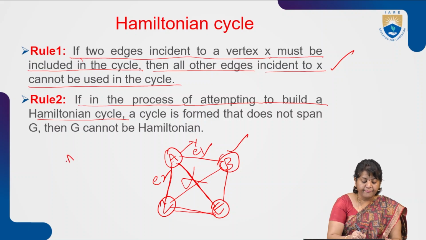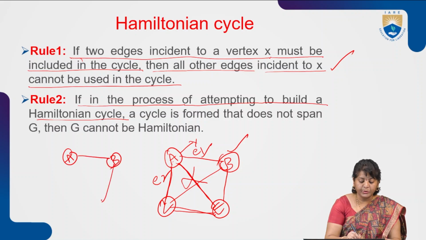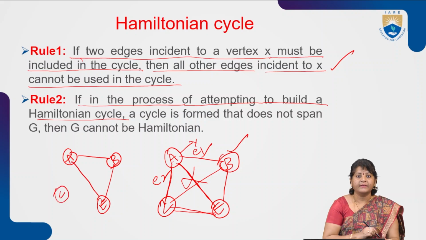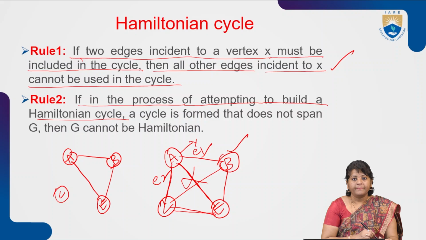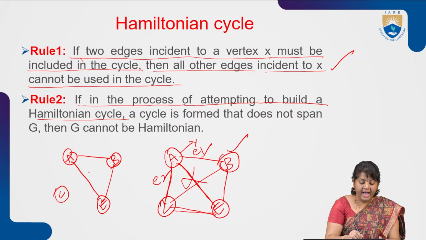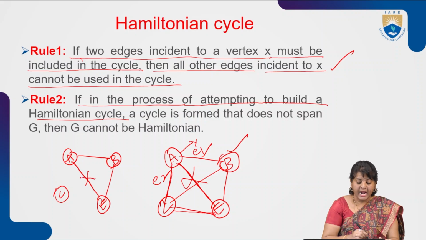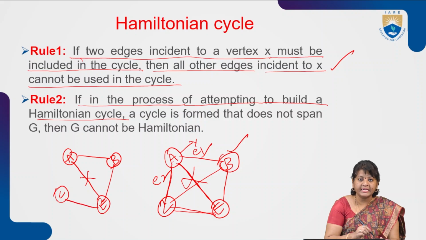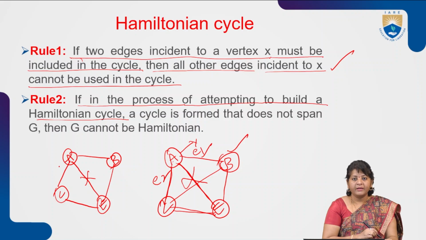See here, from A to B, from B to E, and before visiting this C, I should not close this loop. So I will exclude this edge and travel from E to C, and from C to A we will traverse.